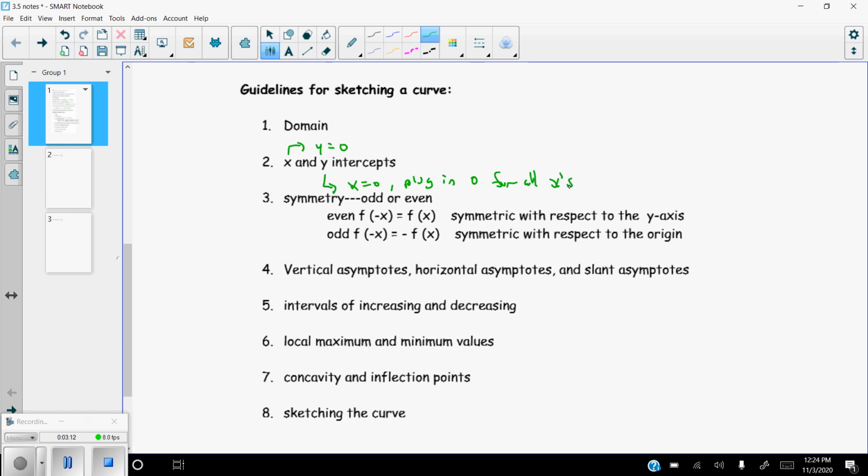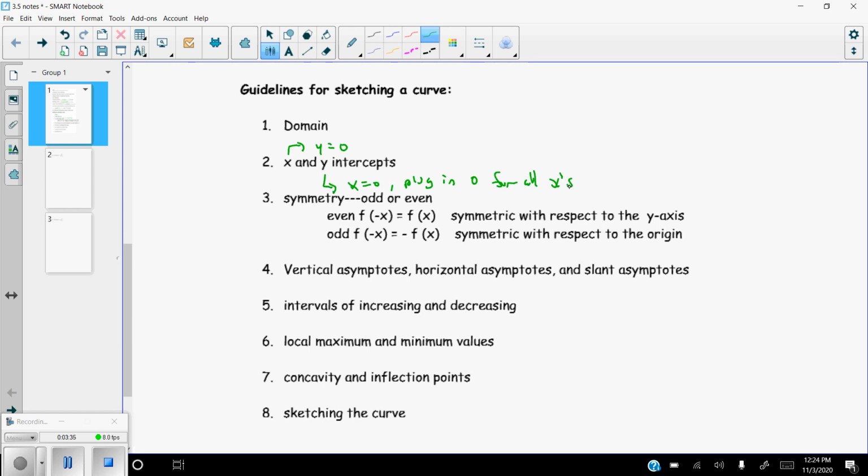In other words, if I plug in a negative x and get out a positive y, if I plug in a positive x, I'm going to get out the negative y. So it's going to be exactly the opposite ordered pair for every individual point. The symmetry for an even function is to the y-axis, and the symmetry for an odd function is around the origin.